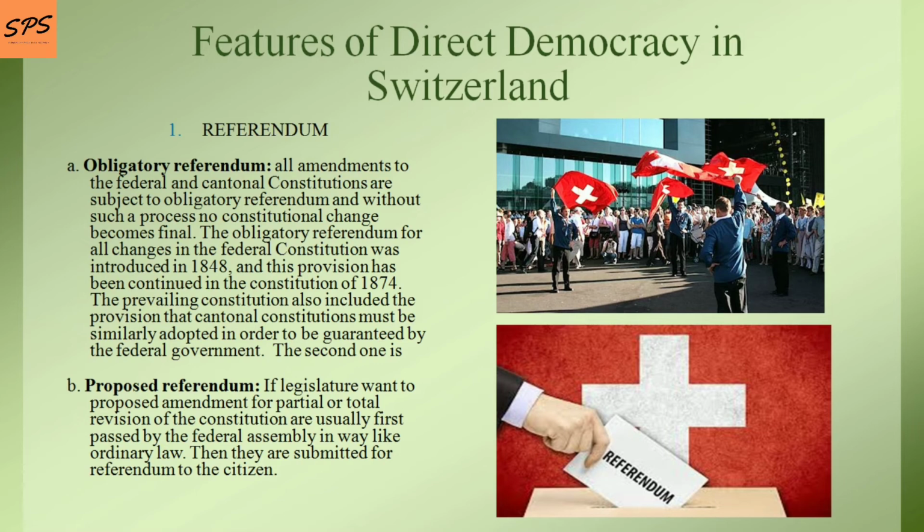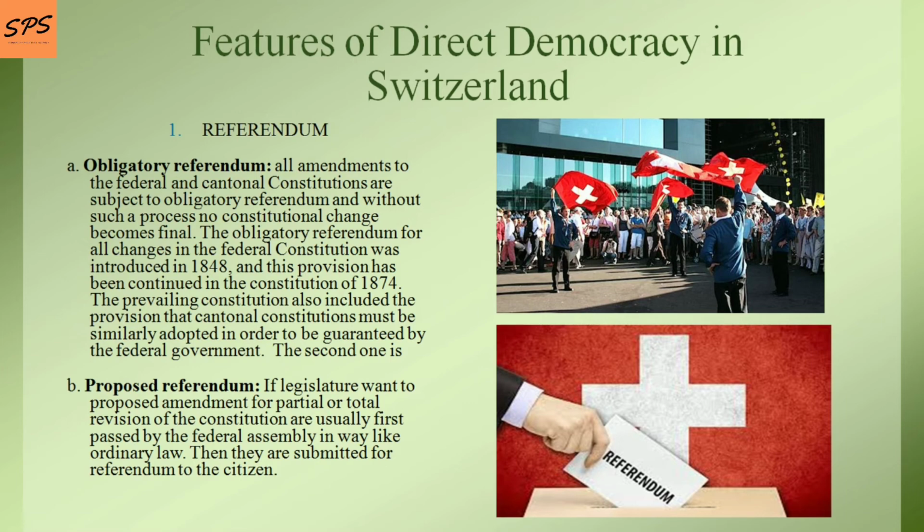The obligatory referendum for all changes in the federal constitution was introduced in 1848, and this provision has been continued in the Constitution of 1874. The prevailing constitution also included the provision that cantonal constitutions must be similarly adopted in order to be guaranteed by the federal government.